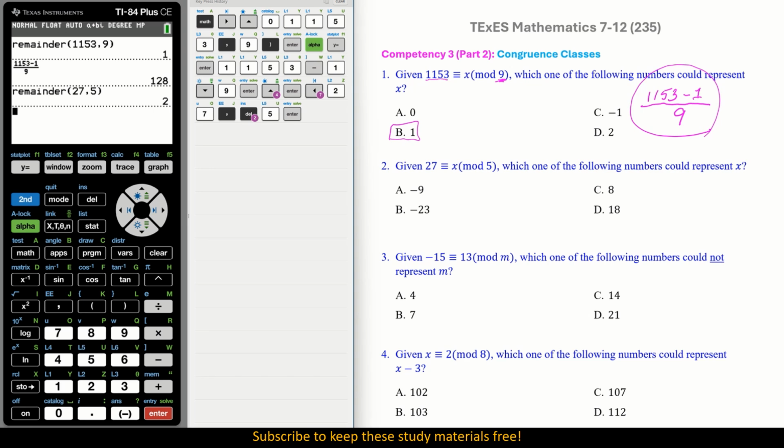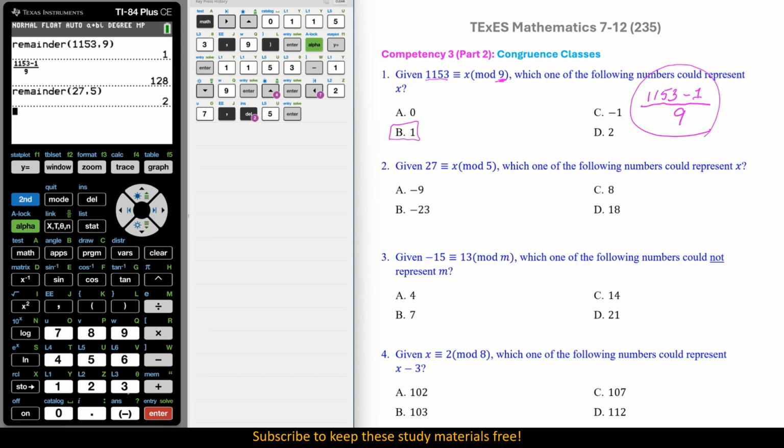Notice I get 2. All that tells me is that if I take 27 minus 2, I can divide it by 5. Well, that doesn't quite help me. However, there is another way to approach this.